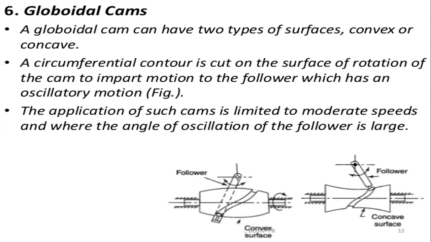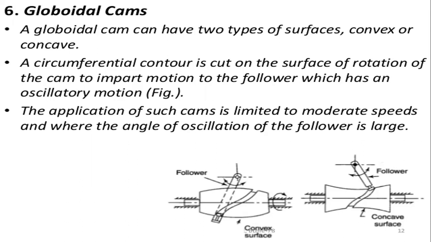Next one is the globoidal cams. A globoidal cam has two basic types, which have a surface contact that is either convex or concave.